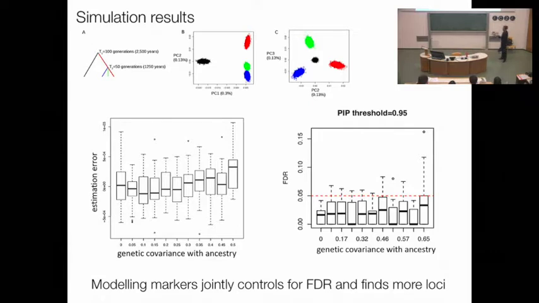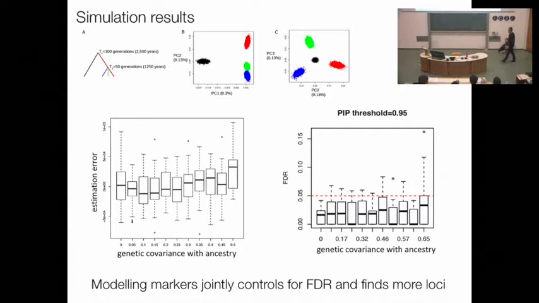So if we say, okay, our genetic values are not at all correlated with ancestry, or our genetic values are very highly correlated with ancestry across populations, there's genetic differentiation across populations, does it influence our estimation error, or does it influence our false discovery rate if we set a posterior inclusion probability threshold of 95%?